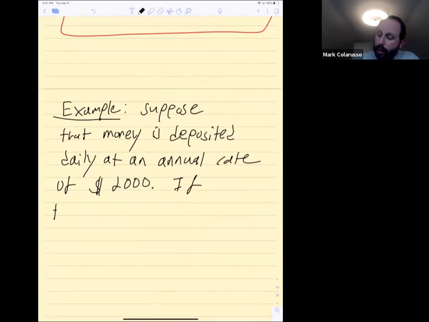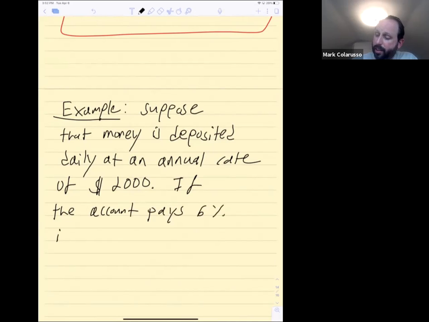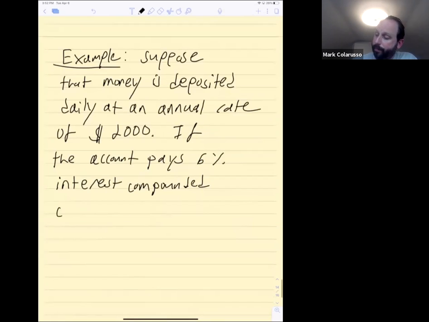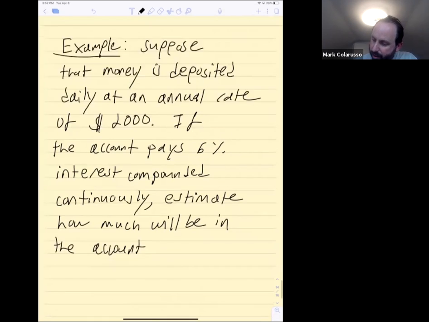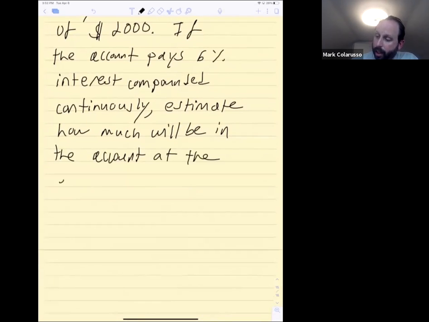If the account pays 6% interest compounded continuously, estimate how much will be in the account at the end of capital N years.